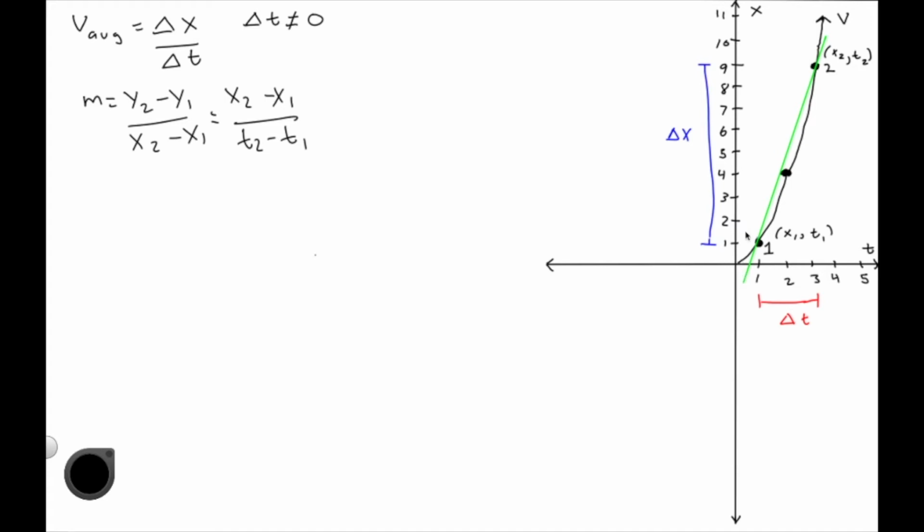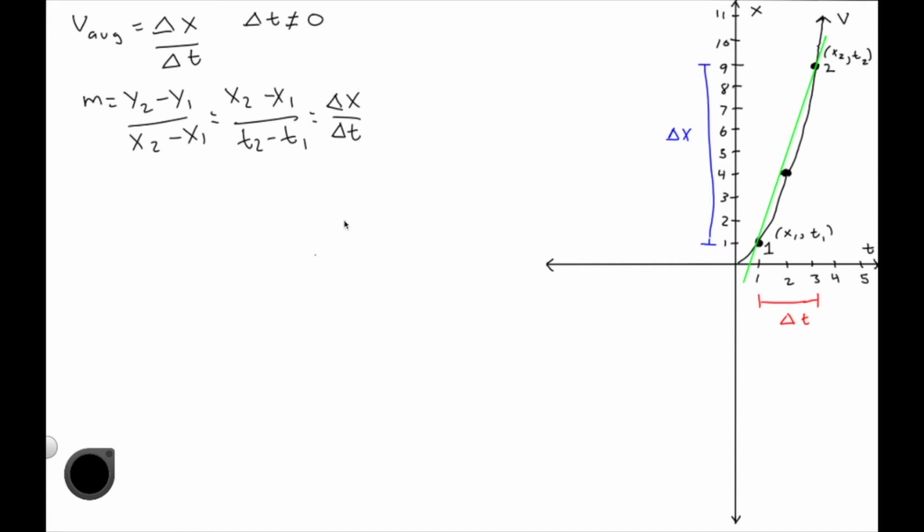So x sub 2 minus x sub 1 is the same as saying delta x, right? Which is just a change in x values. And t sub 2 minus t sub 1 likewise is the same as saying delta t, which is the change in t values.